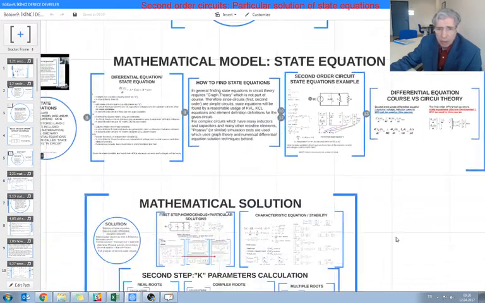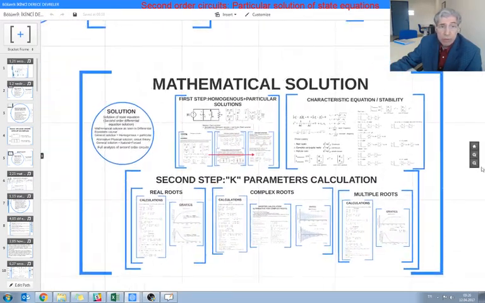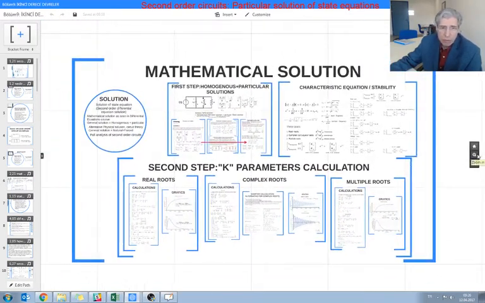Now the next step is to find the mathematical solution. Solution, not solutions, of course, it's just one solution. To find this mathematical solution, we try to remember what you have done in the differential equation course. To find the mathematical solution, we've got to calculate two things.